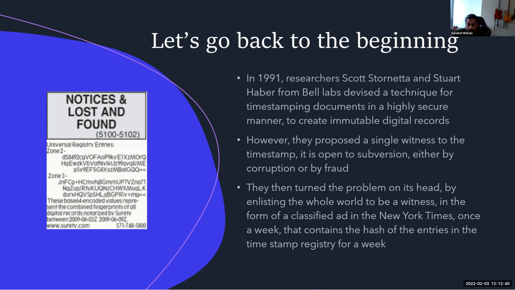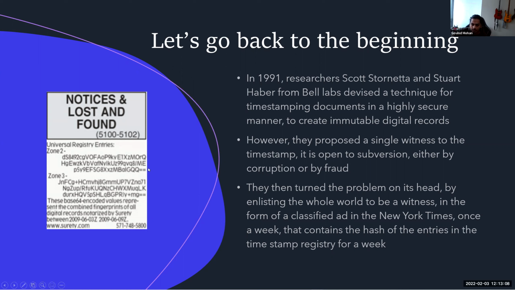But then they took this problem and turned it on its head, which is really interesting, because they said, what if we get a newspaper advertisement in the New York Times? They got a classified ad, and they made the whole world a witness. They took a set of documents, and they offered this as a commercial service, by the way. So you could get these guys to notarize your document, and the way they did it was they took a digest of the document.